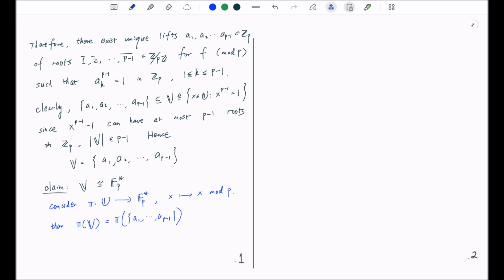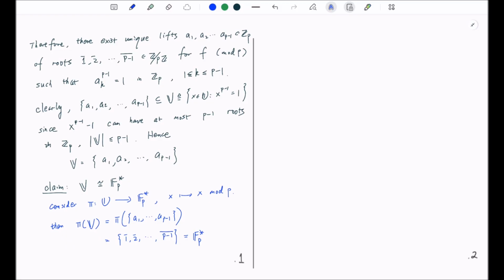And this, by our construction, because those are the lifts of those roots, the reductions of them are precisely 1 bar, 2 bar, up to p minus 1 bar. And this, remember, is Fp star.